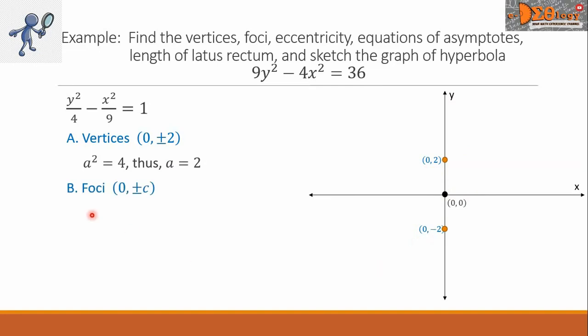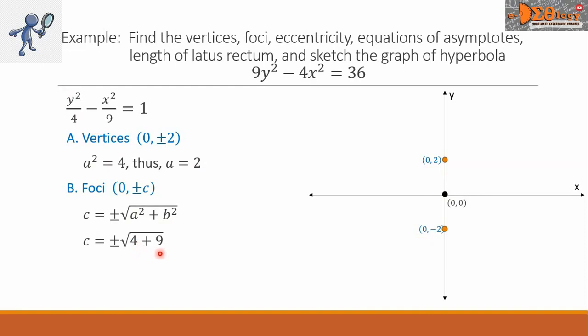Letter B are the foci with coordinates 0, plus or minus c. Using this equation, we can get the value of c. Substituting the values, a squared is 4, while b squared is 9.